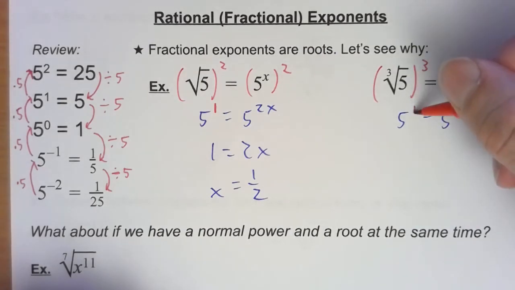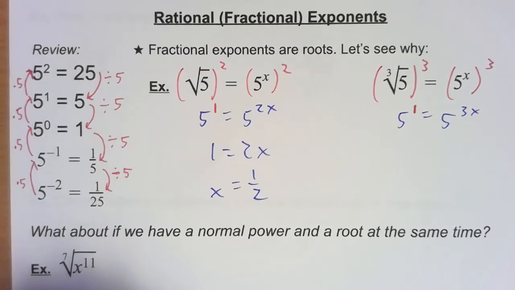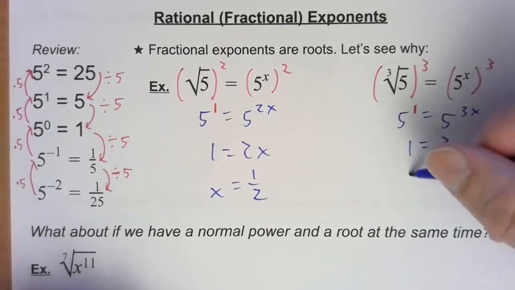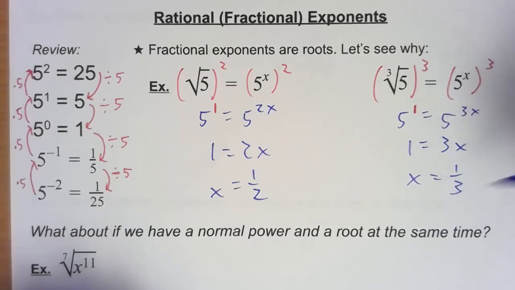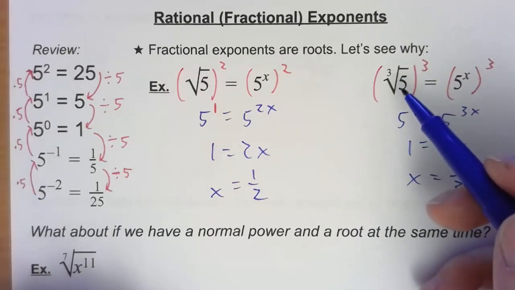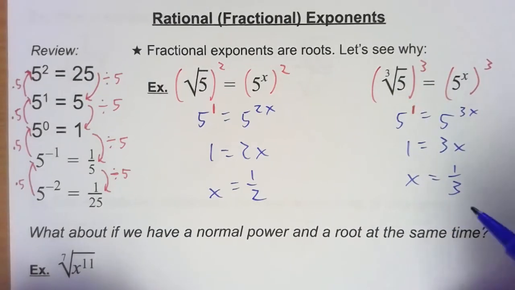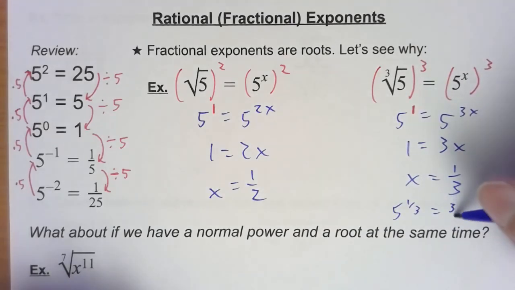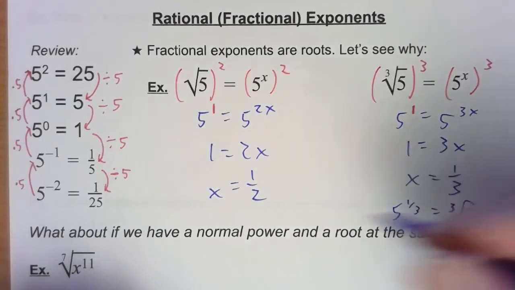Again, if we don't see an exponent, we can always say the exponent is 1. So that means 1 has to equal 3x. That means x equals 1/3. Okay? So again, we get a fraction exponent being the same thing as a root. This means that 5 to the 1/3 is the same thing as the cube root of 5.